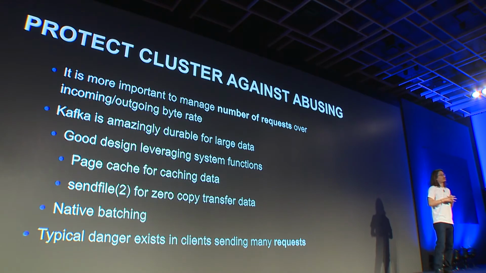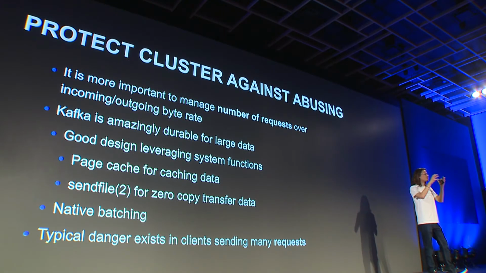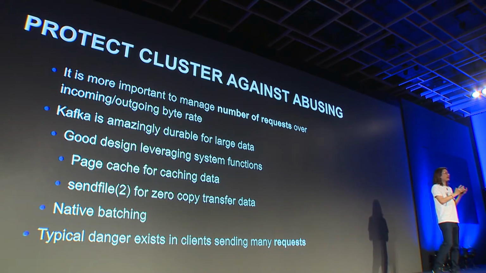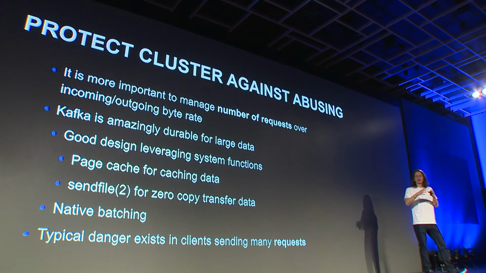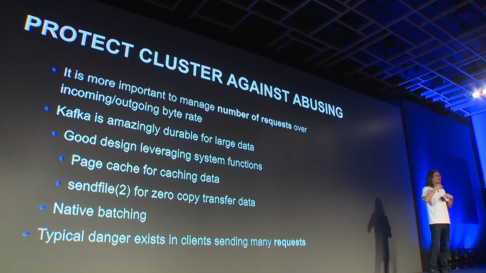And also, there is native support for batching. So multiple records can be merged into one record to be sent to the cluster so that the data volume and request number may increase, but the overhead per request can be minimized.